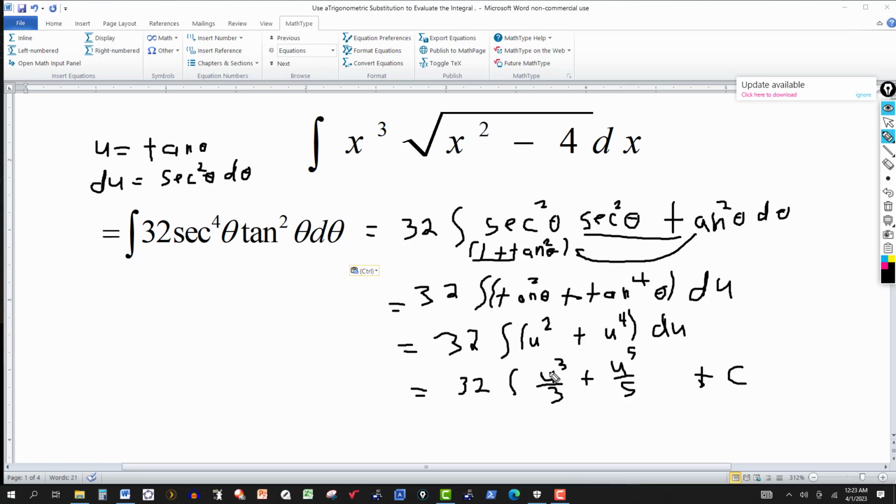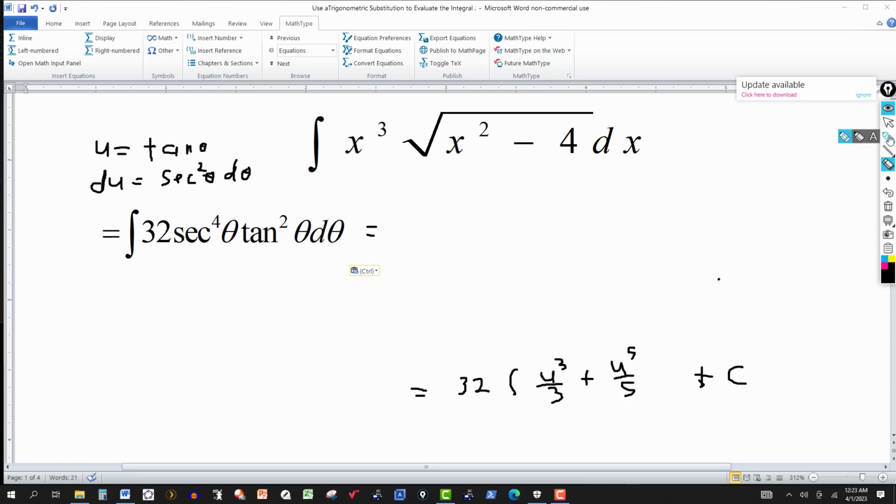But this is u. Remember the original integral was in the variable x, so we have to go back. Let me continue the next step over here. It's just going to be 32, and this is u to the third, but remember now we're going to try to go back to the original variable. So this u right here is tangent. So we go to the triangle.